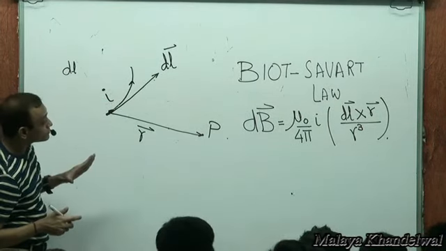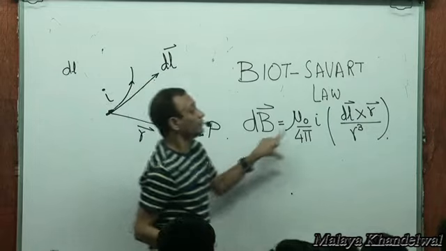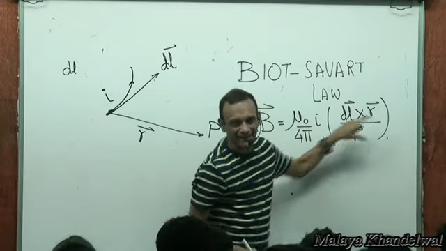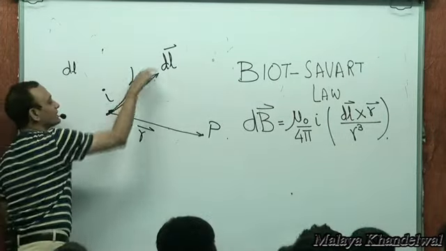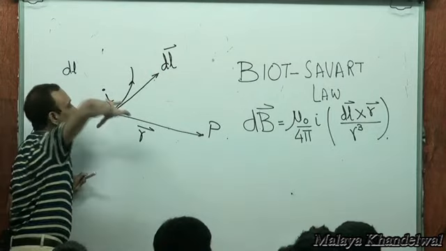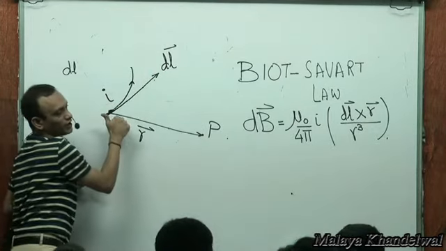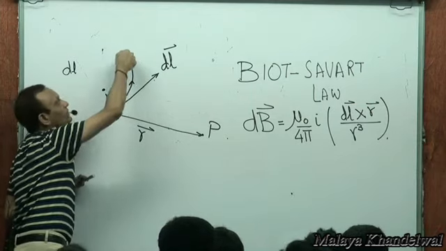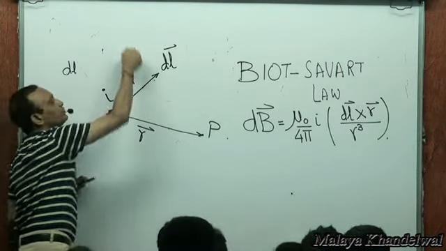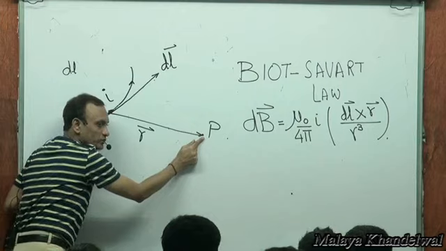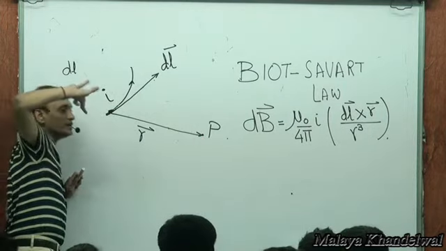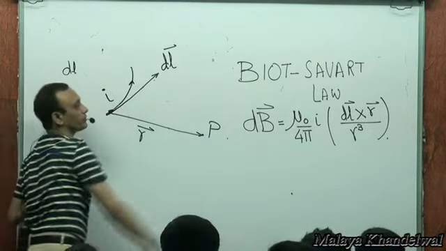Very clearly, dB will be perpendicular to the plane containing dl and r. In this case, dl is like this, r is like this. So dl cross r would be into the plane of the paper, so the plane of the board in this case. So the magnetic field produced by this dl at this point P, with this being the direction of current, is into the plane of the board, right?